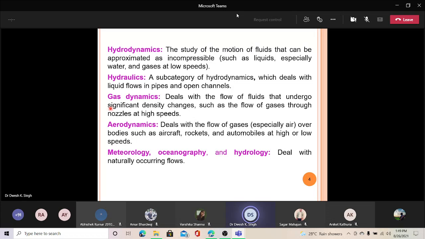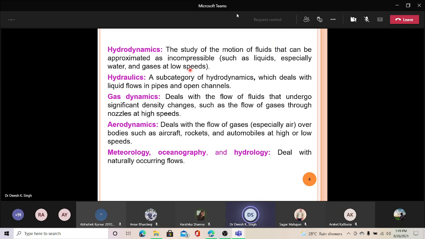Gas is considered in hydrodynamics only at very low speed, because gas is very compressible. For example, a balloon full of air can be compressed easily, but water can hardly be compressed. It will compress, but by a very small, negligible amount. Any liquid is less compressible.